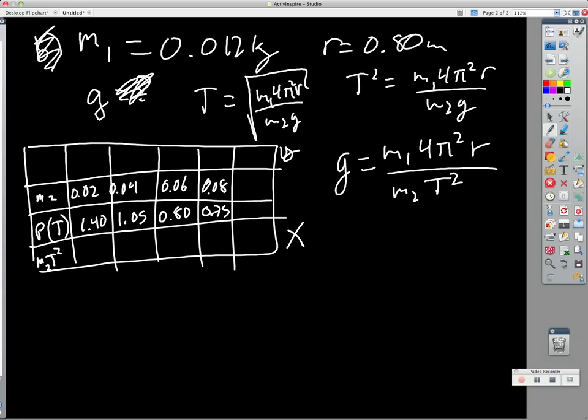Right, because this is a constant. So when I graph, this is m2T squared, and this is m1 4 pi squared r. So this value is going to be the same. Like this one will be the same, but these go up. Huh, can that be right?